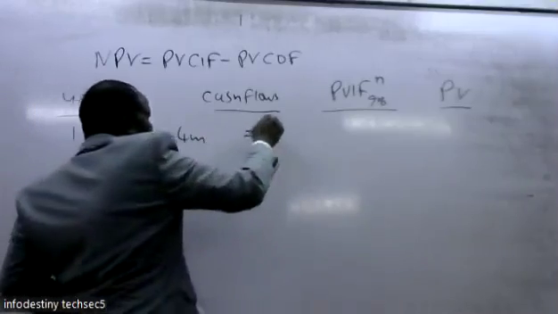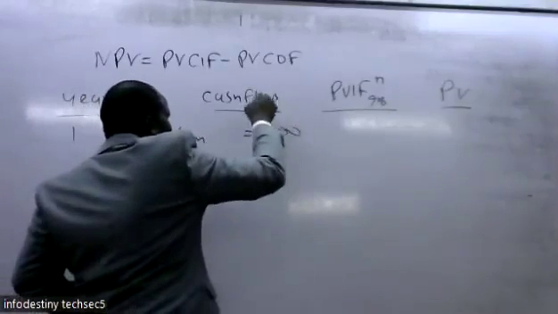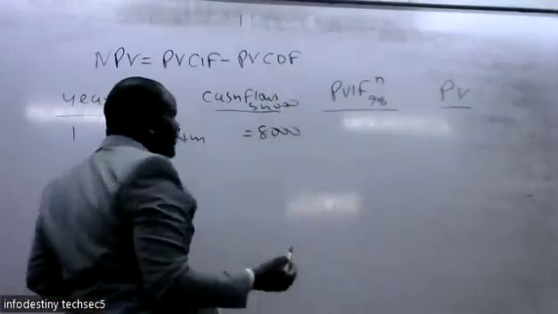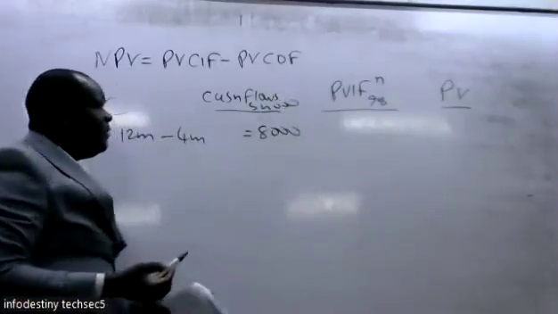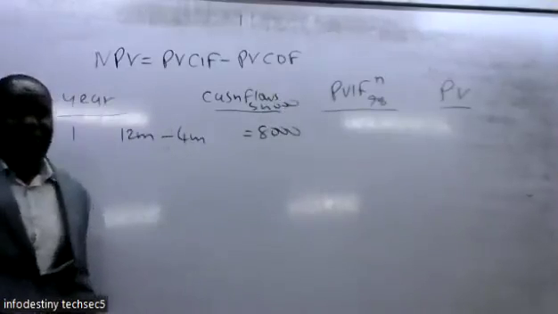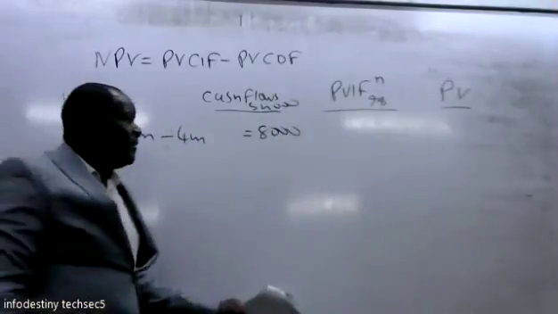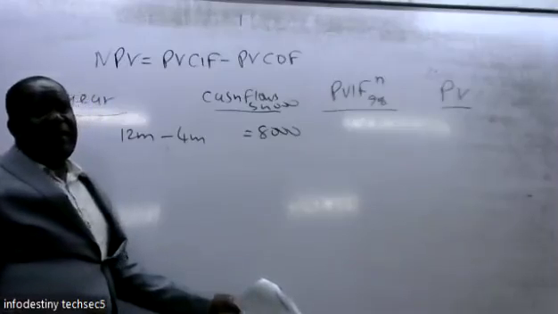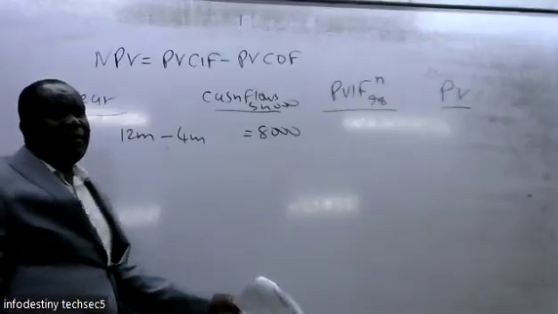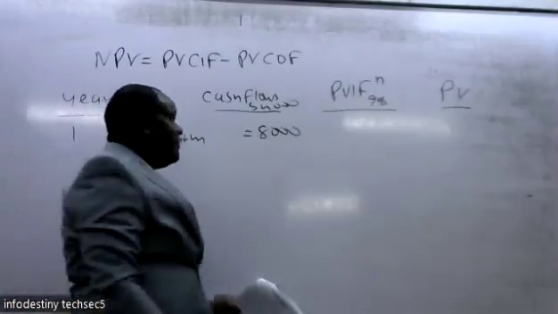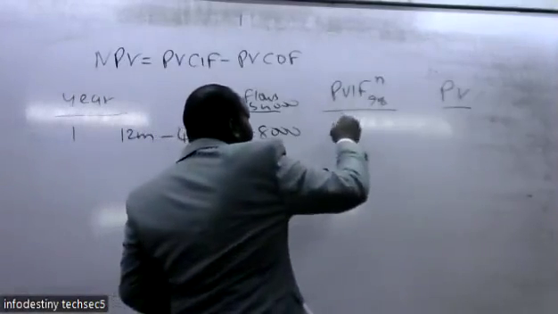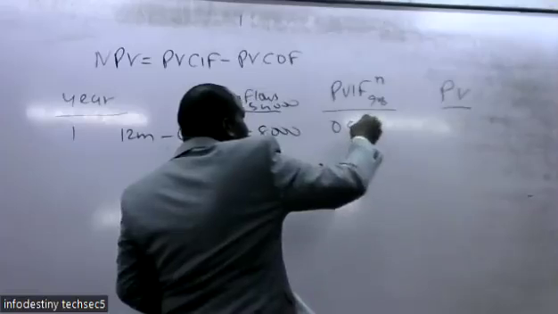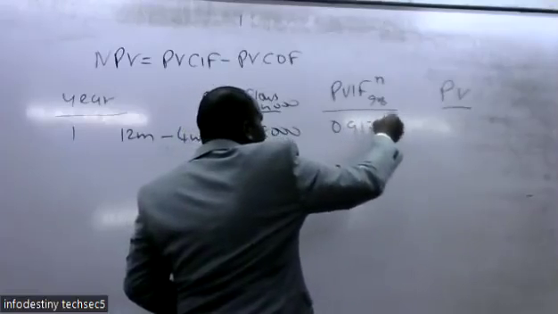8 million. So I would have 3 zeros at the top. We go to the table and confirm 9% in year 1: 0.9174.